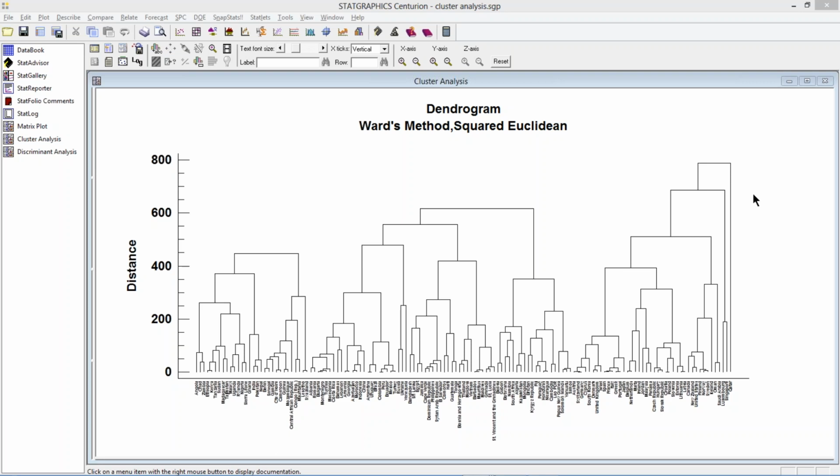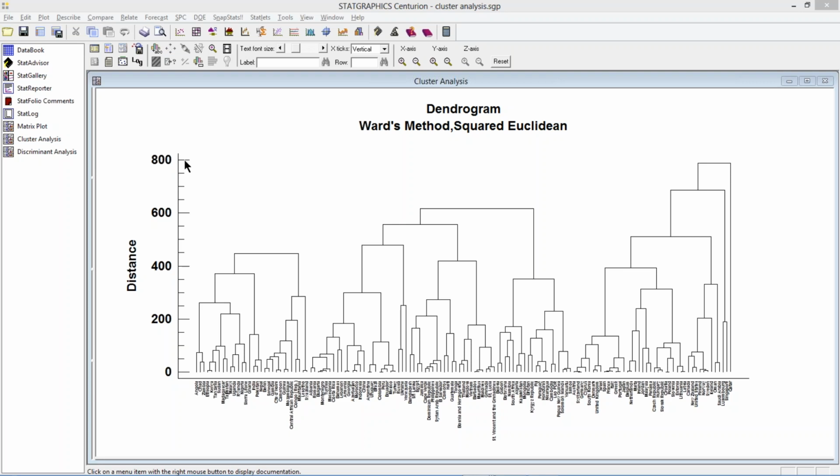On the last question, on the dendrogram, what is the distance on the y-axis? The distance is the distance between 2 clusters when we decide to put them together. Remember, what happens is we start with 141 points in this case. Find the distance between 2 points, put them together. When we put them together, we then treat them as 1 point, essentially.